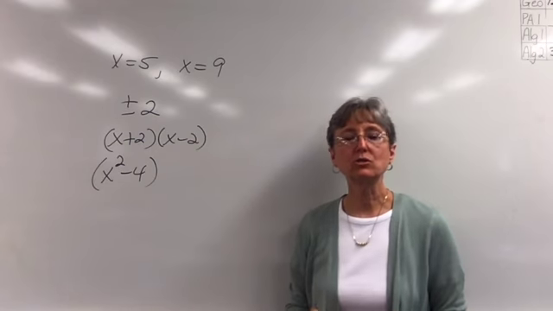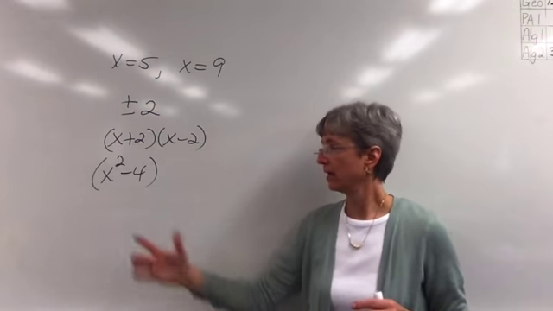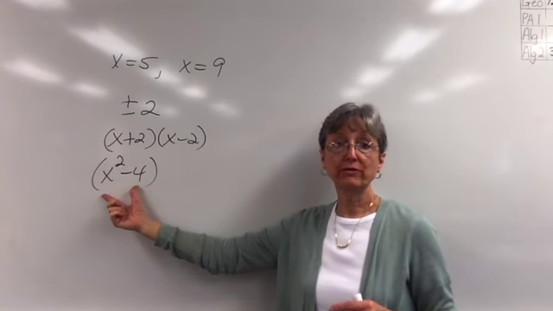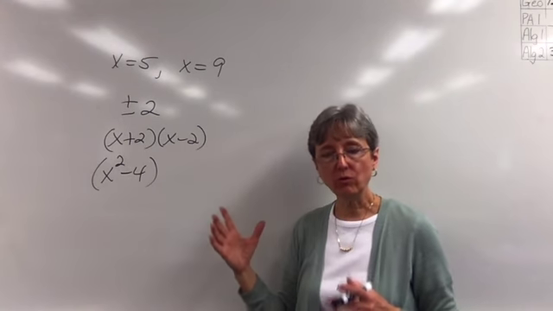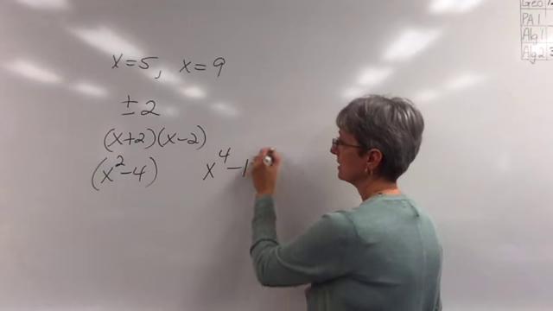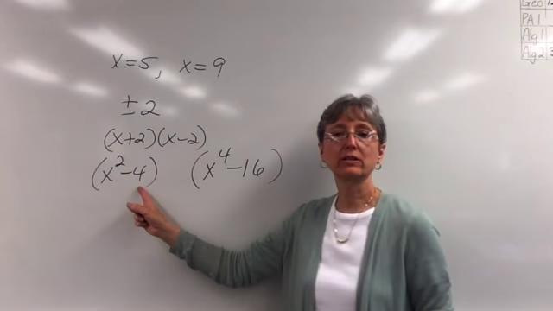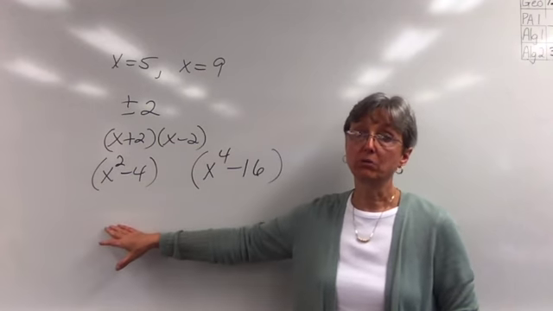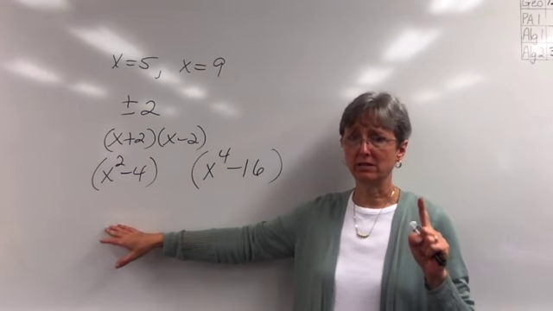To get to the basic quartic, they took x squared minus 4 and squared it, to get x to the 4th minus 16, which is basically x squared minus 4 times x squared plus 4. That's the tricky part, which is why I'm going to show you an easier way in a minute.